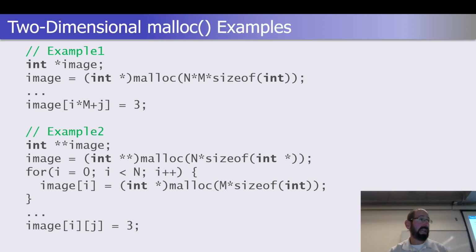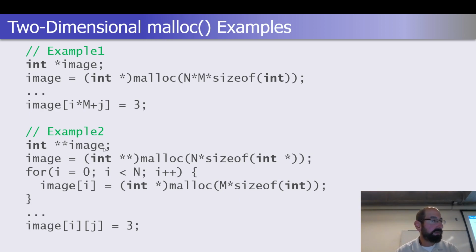Let's break down syntactically what's happening here. int star star image. A pointer is a variable that stores an address. Specifically in this case, this is storing an address of an int star. You can always put spaces between the two asterisks if you want to separate that out conceptually, but conventionally this is how we would do this syntactically.